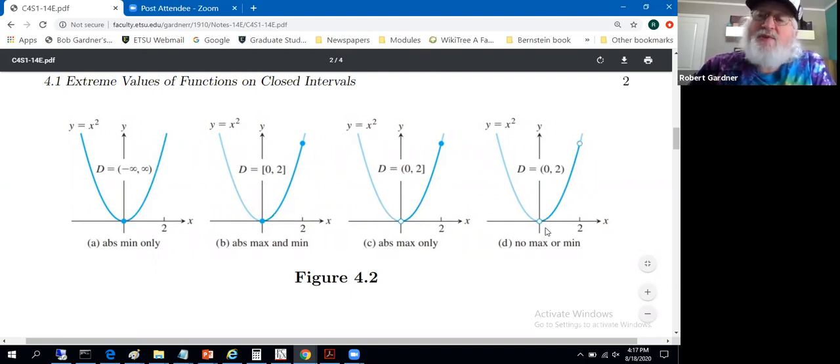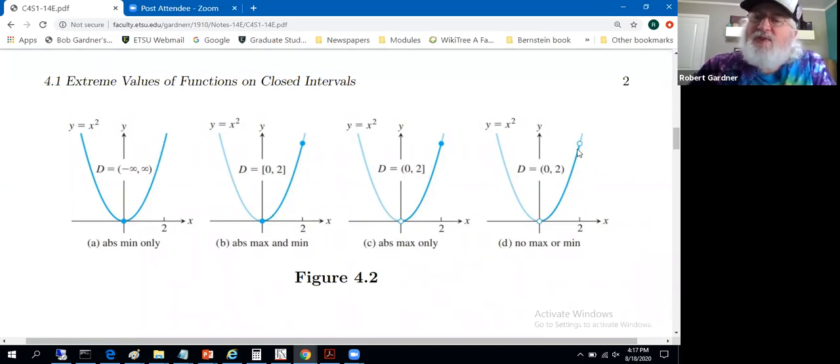For the same reason, there's not a smallest positive number. There's not a biggest value in the range of this function. The range of this function is the open interval from 0 to 4. And there's not a biggest number in the open interval from 0 to 4. You threw 4 out. If I included 4, sure, that's the biggest, but 4 is not included as an output.